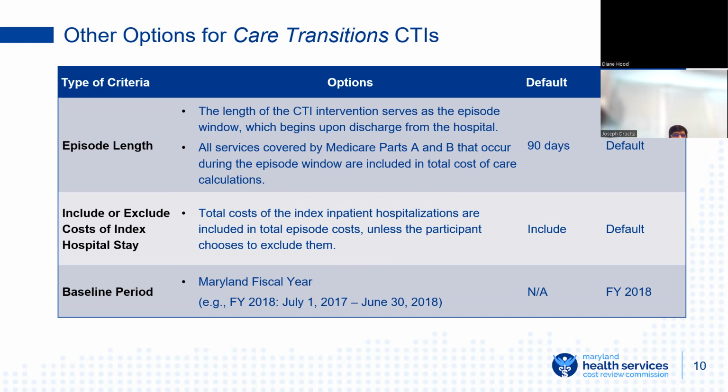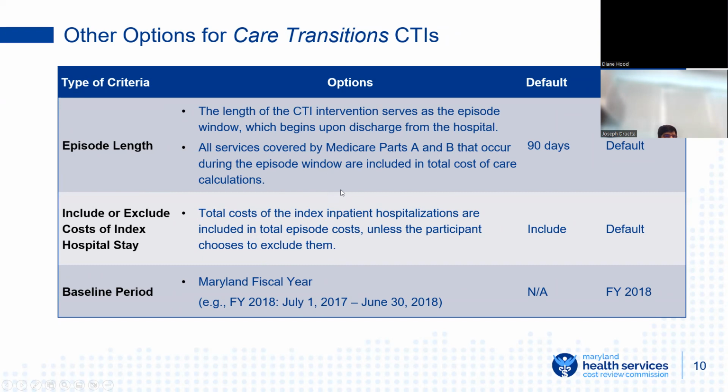That episode window typically begins on discharge from the hospital. The default option there is 90 days. So if another alternative is not specified, we assume that all the episodes will have a 90-day window with which to calculate total episode costs. And those total episode costs include all Medicare Parts A and B costs.